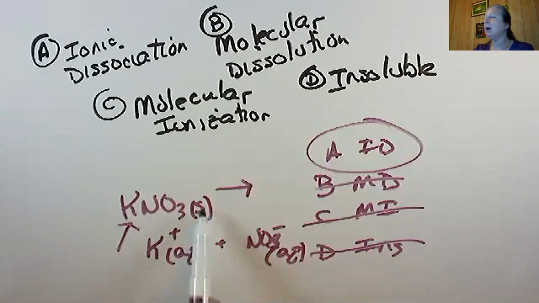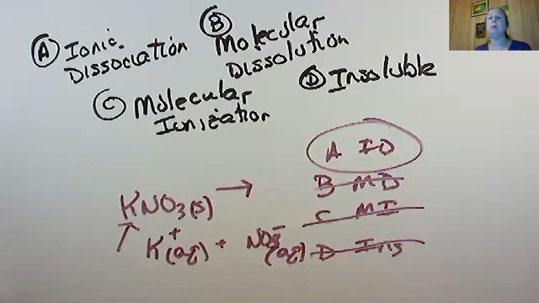So you're saying, I took some solid potassium nitrate and I dumped it in a beaker of water, and I now have potassium ions and nitrate ions surrounded by water molecules. And we would call this potassium nitrate solution. We make sodium chloride solutions all the time in the lab.